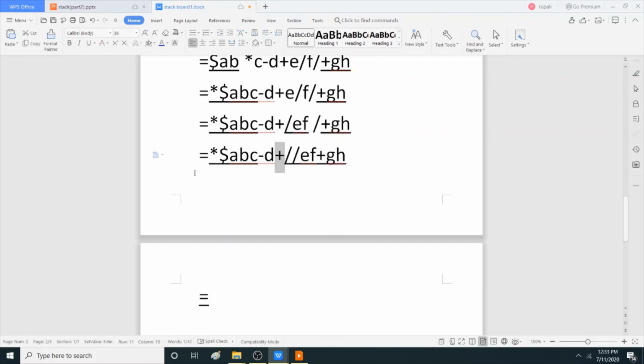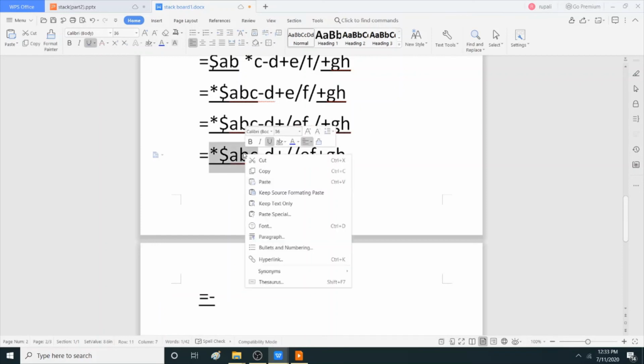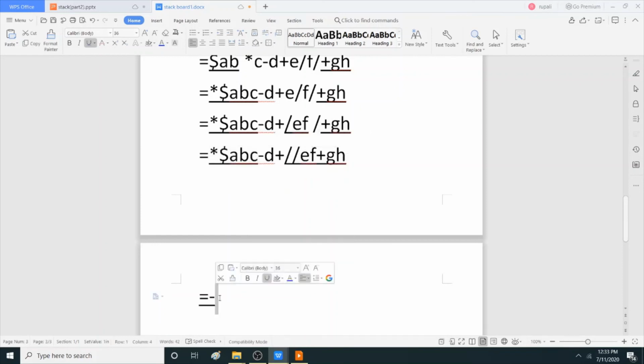So you have to start from the left hand side. So minus comes first. Then you have to copy this one. Then D. Okay. And then this plus. After that, the remaining portion you have to write.